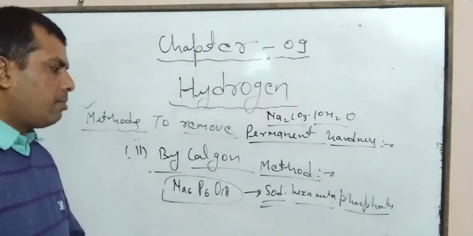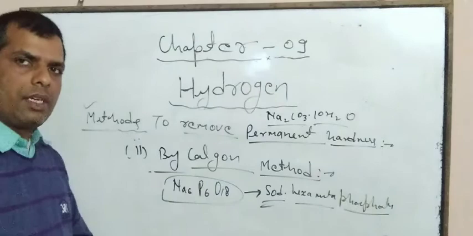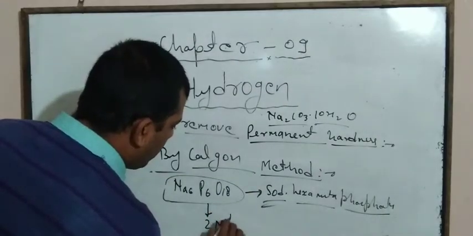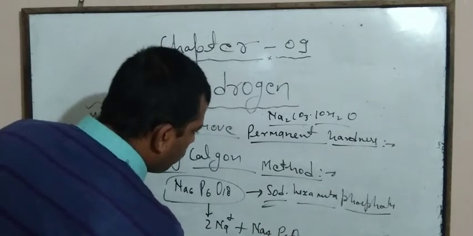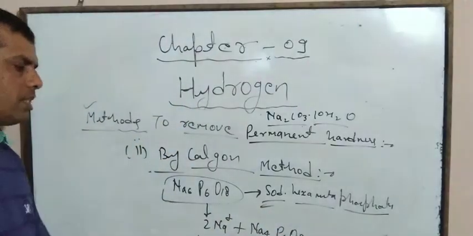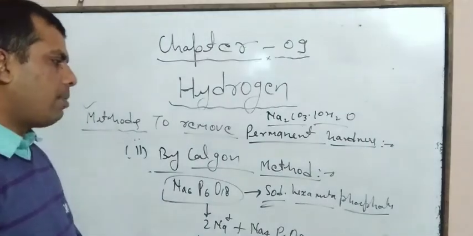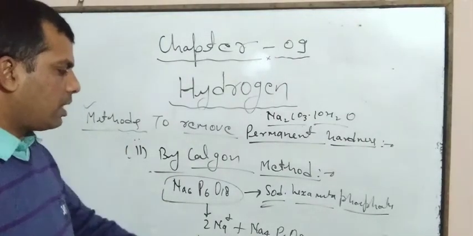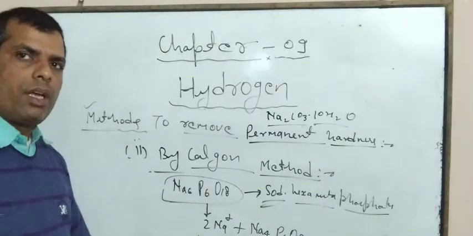If this compound is mixed with water, then first it is split to form twice Na plus and Na4P6O18 2 minus. So this compound, sodium hexametaphosphate, is split to form twice Na plus and Na4P6O18 2 minus.